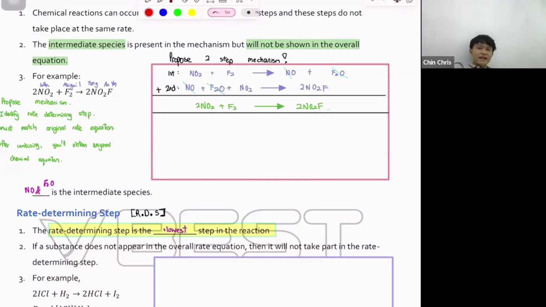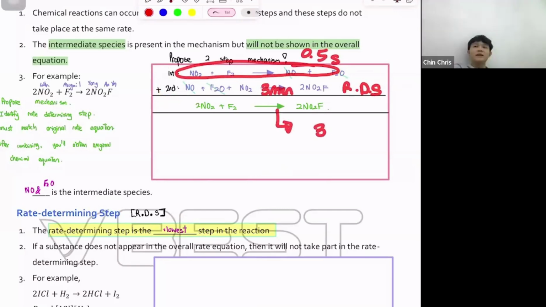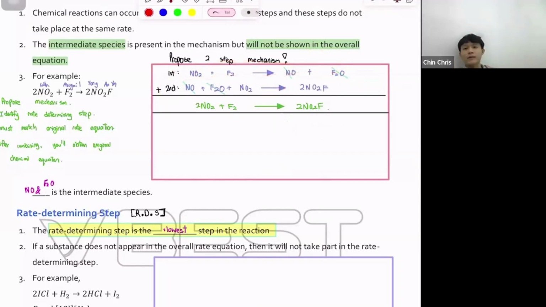For example, in the first and second step, this is my slowest. This is my rate determining step, which means no matter how fast the other reaction is, it's useless. For example, this reaction takes 0.5 seconds, but this reaction takes 3 minutes. So at the end of the day, your overall rate of reaction is still 3 minutes. Understand? So we always look at the slowest step in the mechanism to identify the rate determining step.